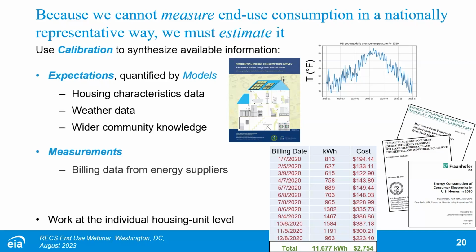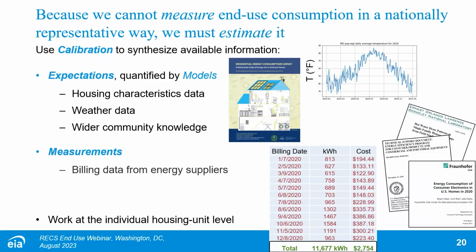On the measurements are the billing data that we collect directly from utilities and bulk fuel distributors. These are administrative data that are kept for reasons of financial settlement, and we consider them to be very high-quality data. When we blend these together, we use a process that you'll hear me refer to as calibration.